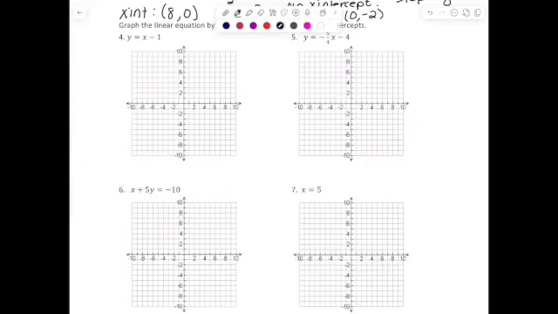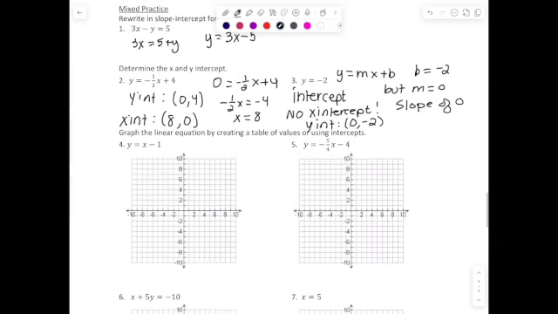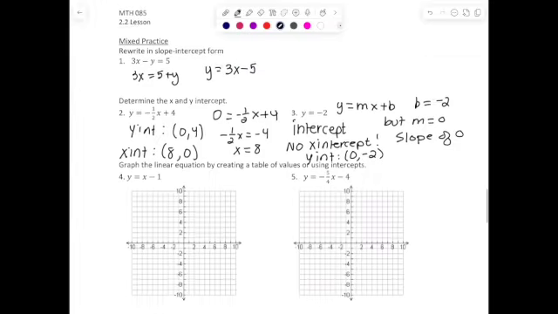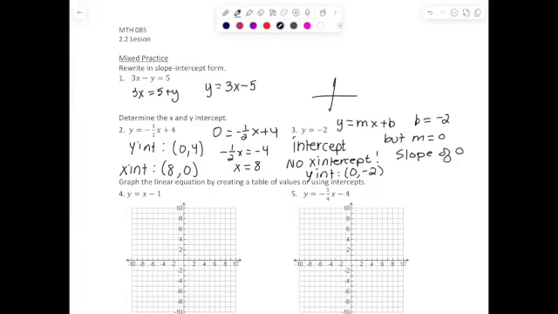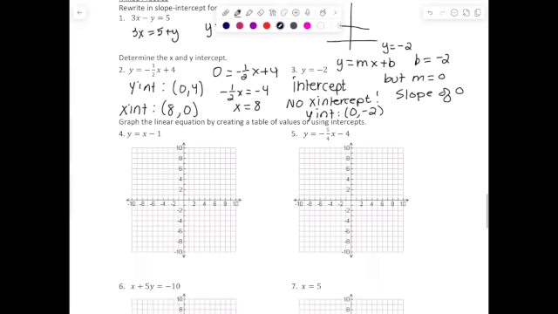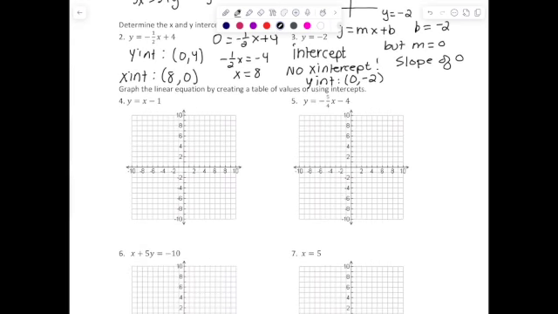So there's no x-intercept, because if we think about this, here's our graph. Here is y equals negative 2. So it's going to hit here, it's (0, negative 2). Perfect.